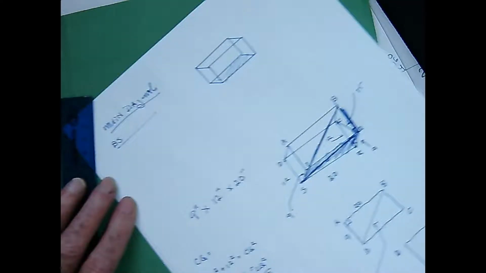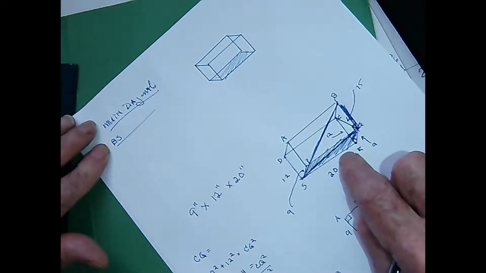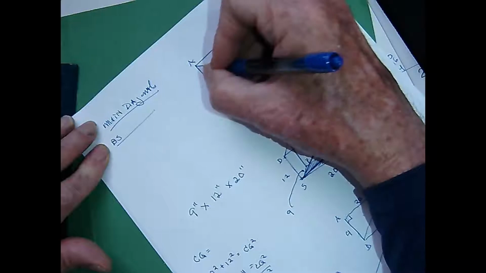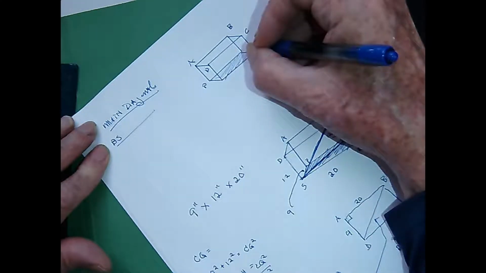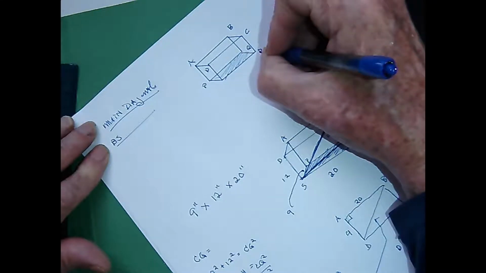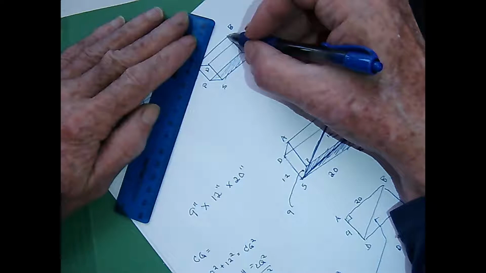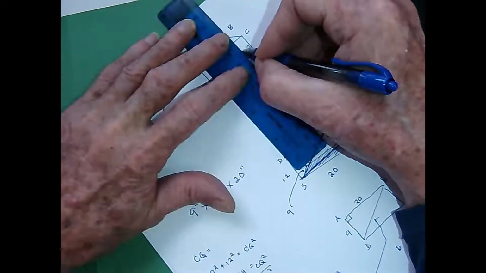I took a little time to write main diagonal BS, and I'm talking about this figure. But if I went around here, maybe that would be a good idea. A, B, C, D. And that's PQRS. And he's going for BS. Yeah, he is. And he thinks it lives in this right triangle right there.